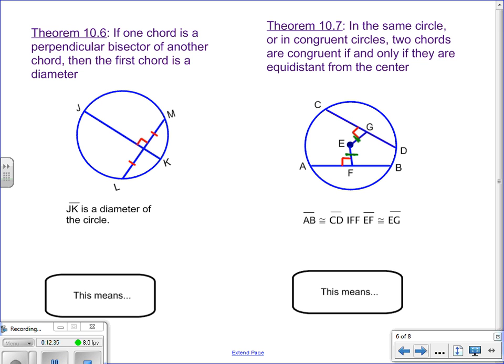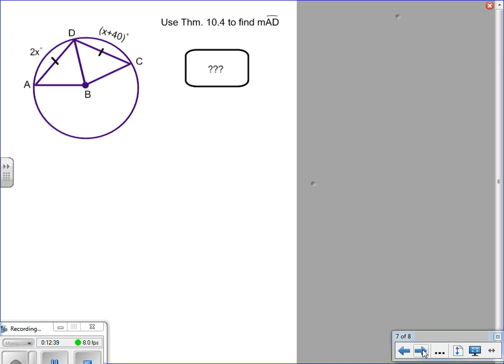Okay, the last slide has just two examples to go through, and I want you to work through these. Here's the first one, and it actually says what theorem to use, but in a lot of your examples, it's not going to. To start off, we will, just so we know what to use and get used to seeing these. But later on, you're just going to have to look at the picture and say, okay, what do I have happening here? Here I have two chords that are marked congruent, AD and DC.